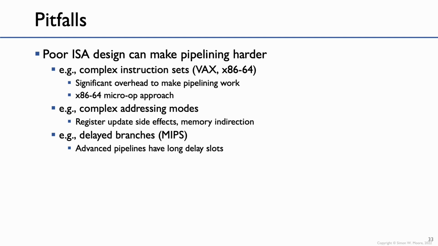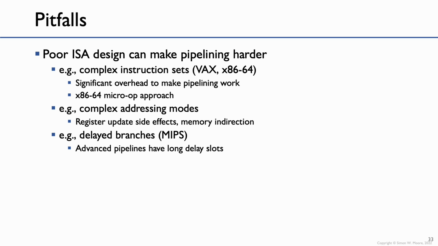Okay, and you might think, well, why the heck are you doing this? Why not just use a RISC instruction set to begin with? Well, of course, part of it is there's an awful lot of code written out there for the Intel architecture, and people want to be able to run that legacy code.